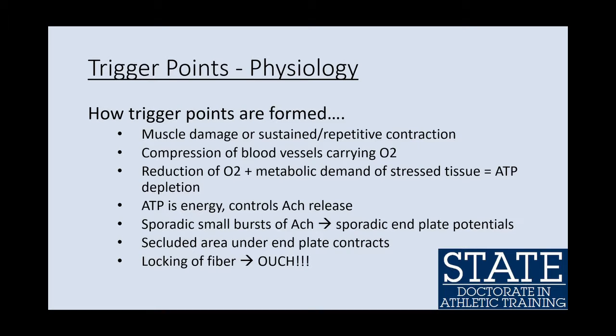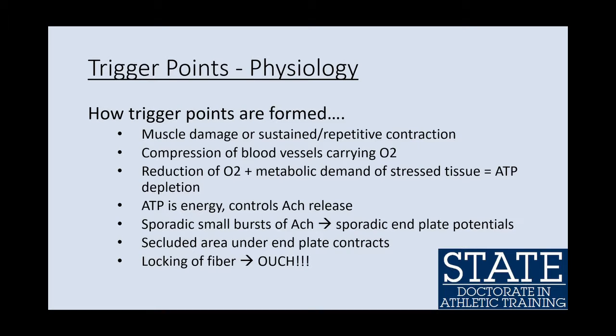Naturally, reduced oxygen combined with the metabolic demand of the stressed tissue will deplete ATP. If you've learned anything about ATP, it is kind of like an energy source for cells in order to do their jobs.